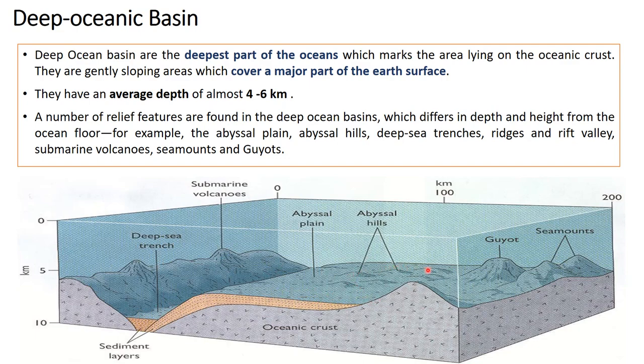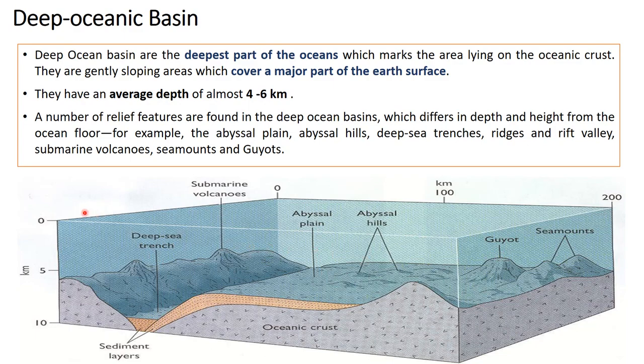The abyssal hills rise slightly from the ocean floor. And then the seamounts, which are the mountains under the ocean. Rarely they reach above the sea level, okay, and the guyots are a type of seamount but having flat tops. So we will discuss these in the following slides.